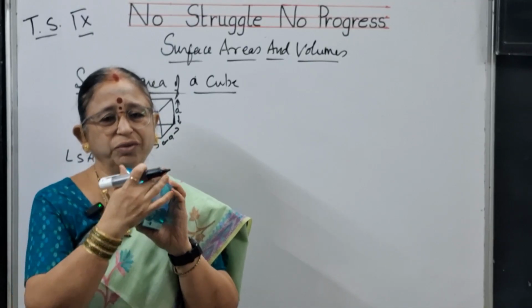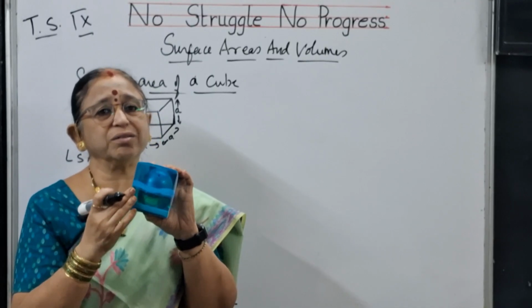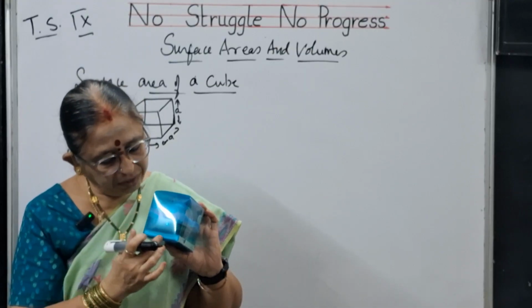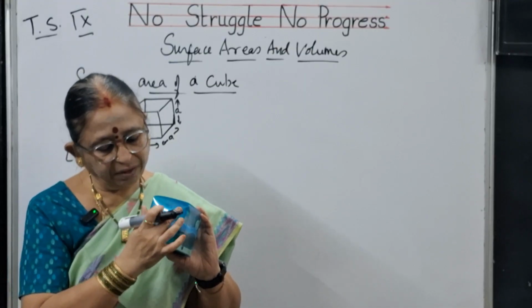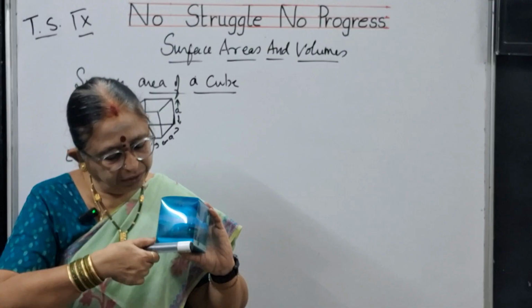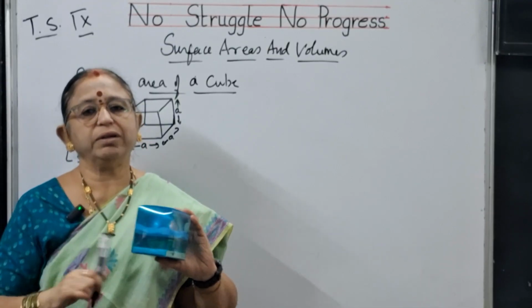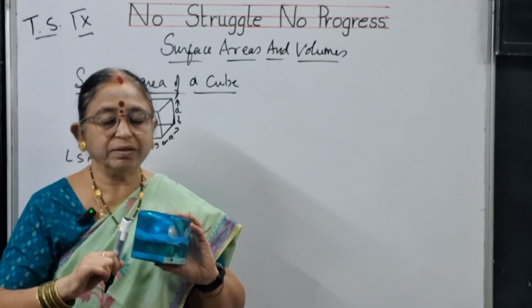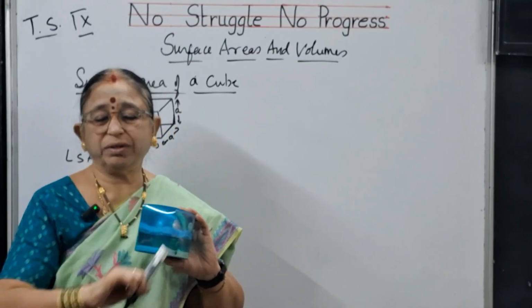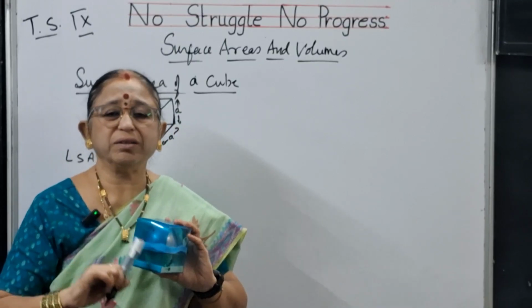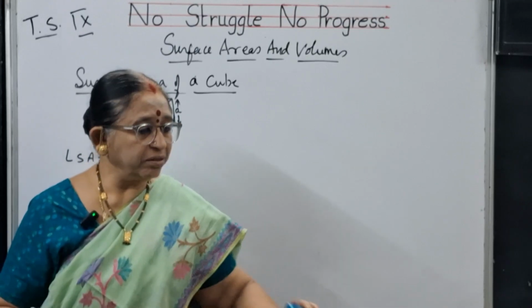So, what is this, children? This is looking like a square. In this square, this is A, this is A. Same height, children; if you measure, it is the same. It has the same sides, so it's a square. Square area is side into side, that is A square.